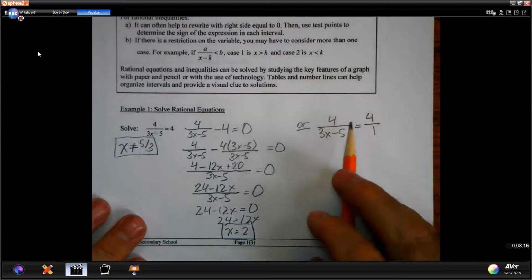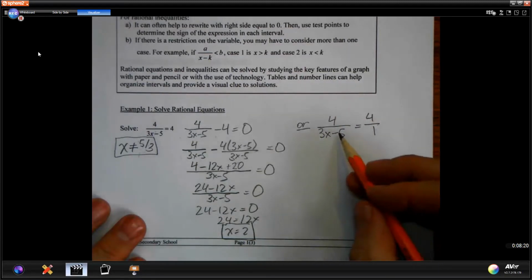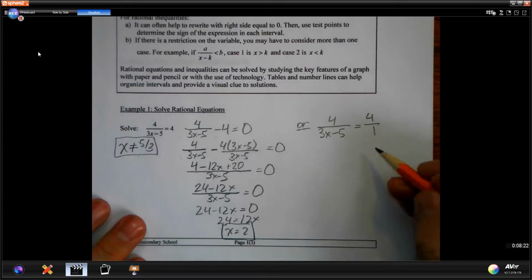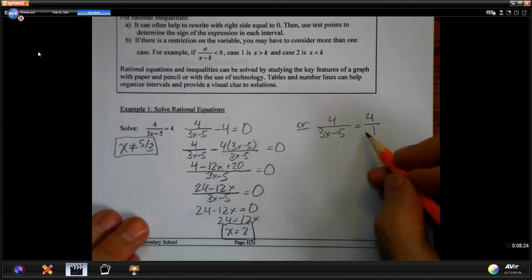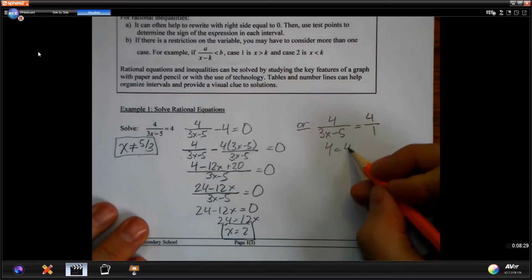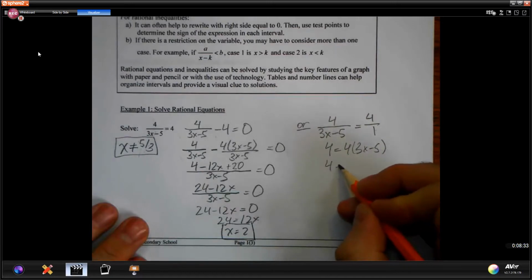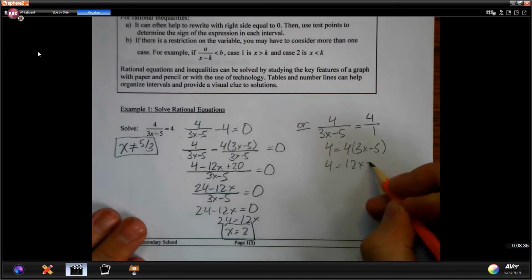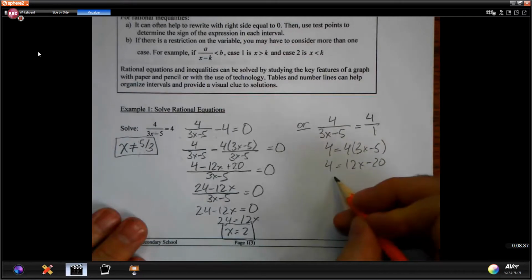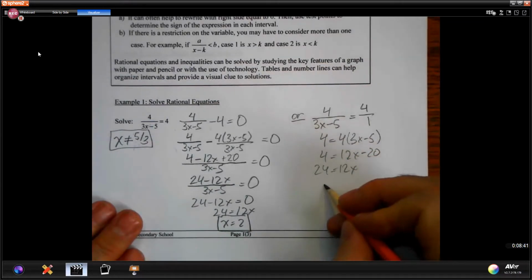But if you have basically a rational expression equals a number, you could do your cross multiply here. So that would be 4 times 1, 4 is equal to 4 times 3x minus 5. So 4 is equal to 12x minus 20. And add 20 to both sides, we get 24 equals 12x, and therefore x equals 2.